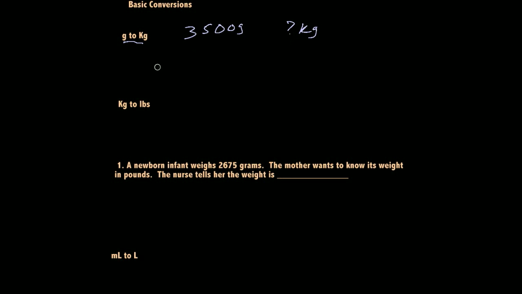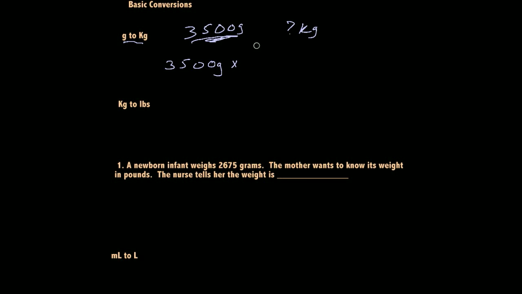The chemistry way, you would actually start with your given, which is the 3,500 grams. In a dosage calculation math problem, your given is generally going to be your doctor's order. But in this case, it's the 3,500 grams.